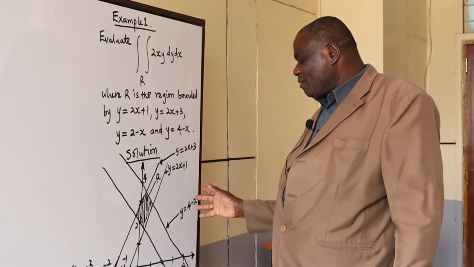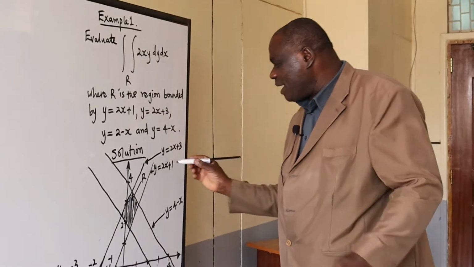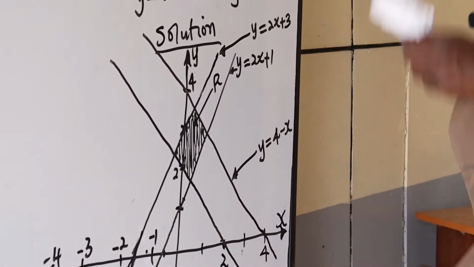So we'll do a transformation in such a way that we are now moving from the XY plane to the UV plane.